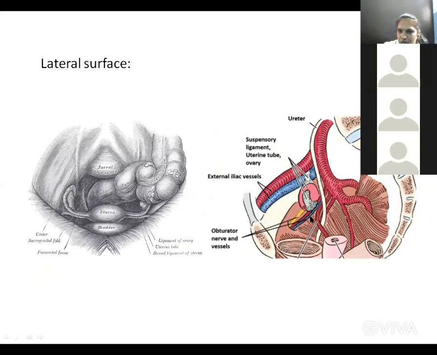Here the peritoneum is lining the lateral pelvic wall, and between the peritoneum and the muscle there are ovarian vessels and nerves. So the lateral relation is the ovarian fossa, which is lined by peritoneum and separating the ovary from the obturator vessels and nerves.